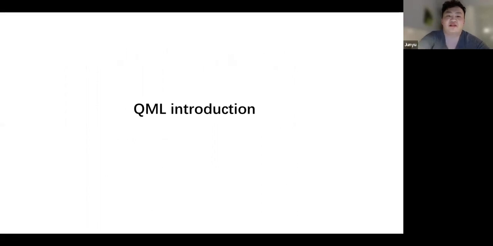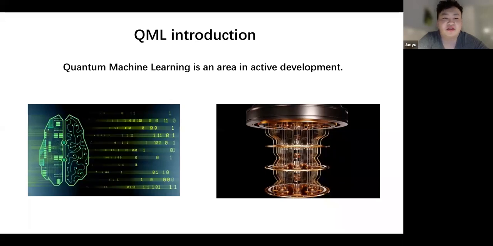Okay, so let's start. Firstly, I will give a brief introduction to quantum machine learning and make a summary of this area. Quantum machine learning is an area in very active development. By definition, it combines machine learning and quantum computing, which are two very promising technologies of the world. People are curious about combining those two hot topics together and seeing how it will turn out, and it seems very interesting.